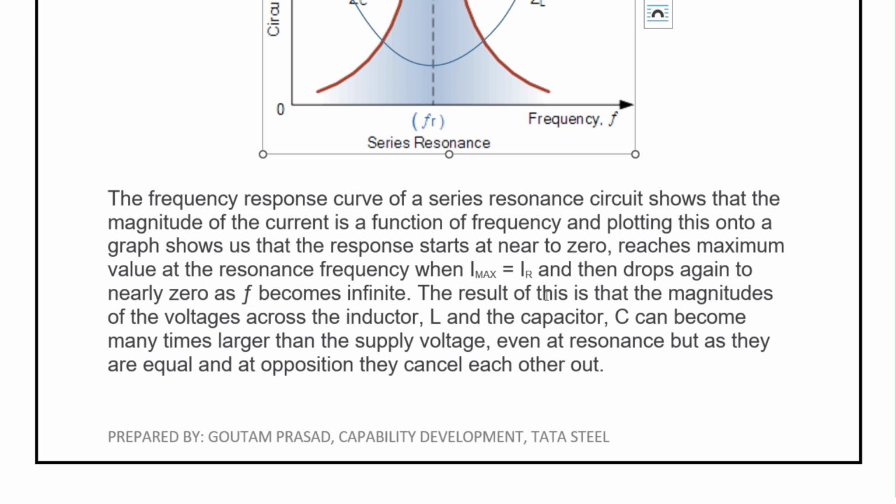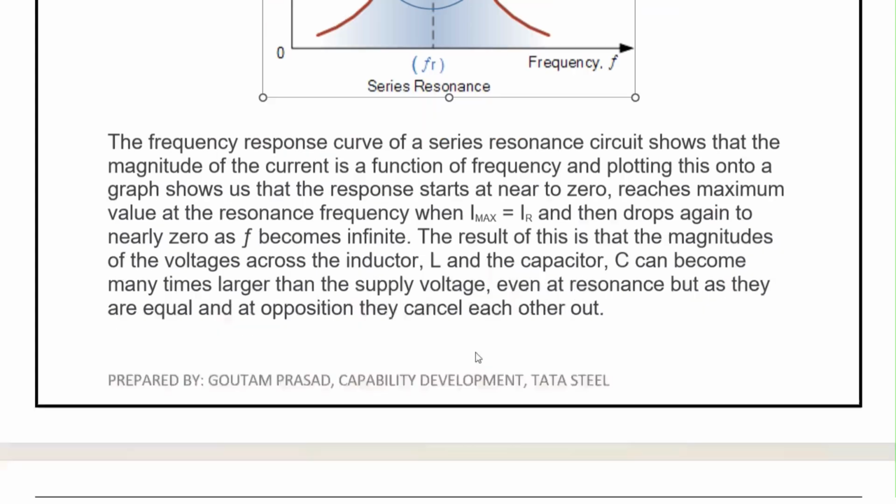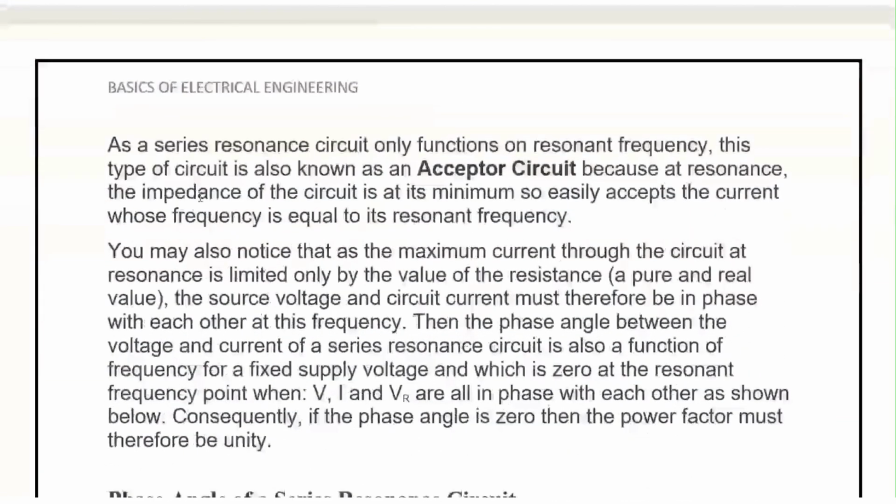The result is that the magnitude of the voltage across the inductor L and the capacitor C becomes many times the supply voltage, even at the resonant frequency, but as they are equal and opposite, they cancel each other out at the resonant frequency.